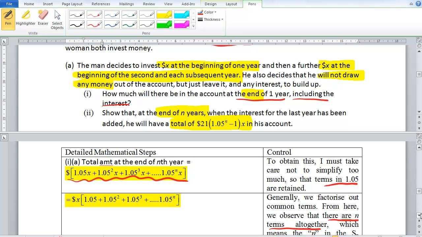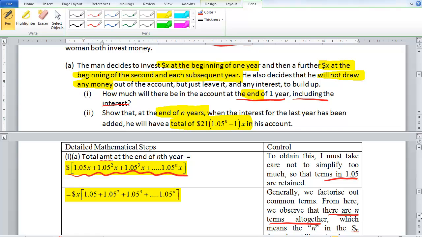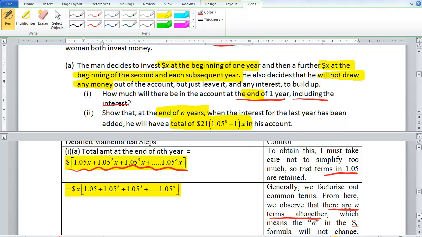I actually took care not to simplify too much, and I retain the terms in 1.05, right? Generally I choose to retain this 1.05 partly also because I was prompted by the question to keep that factor, and that guides me. So when we are trying to simplify, it's easier to factorize out the common terms, and so here, there we are, we factorize x and leave a GP within the bracket.